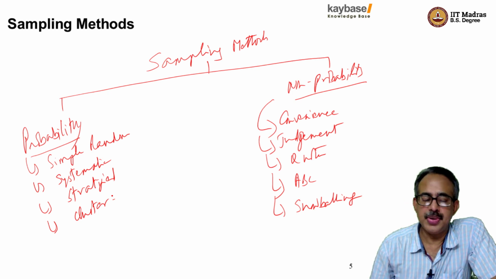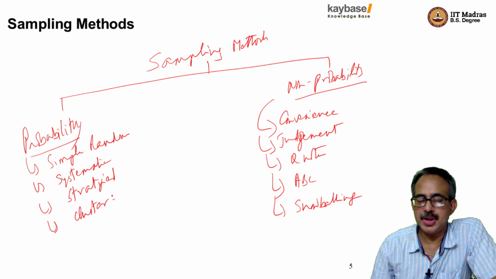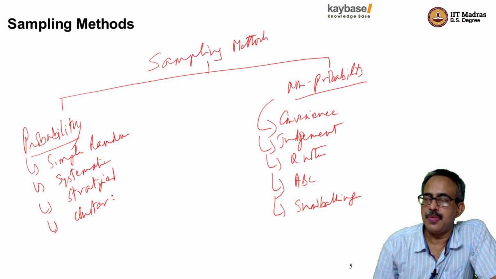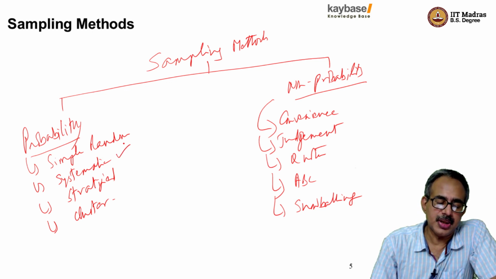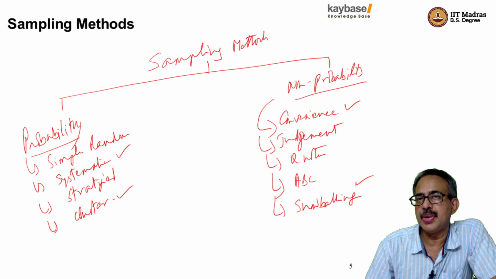While it is important for you to know all these different kinds of sampling, it is particularly important for you to know systematic sampling and cluster sampling and convenience sampling and snowball sampling. They're all important, but these are used relatively more often in the Indian industry.